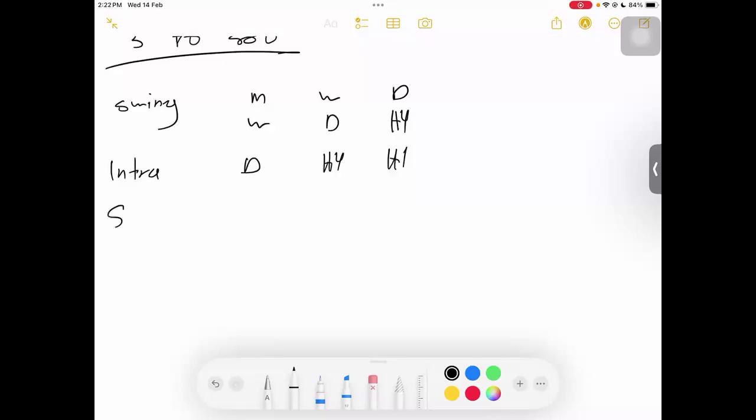For scalping, okay. For my trading, I will use H4 as my last zone. Your last zone? What are you going to use that for? H4.